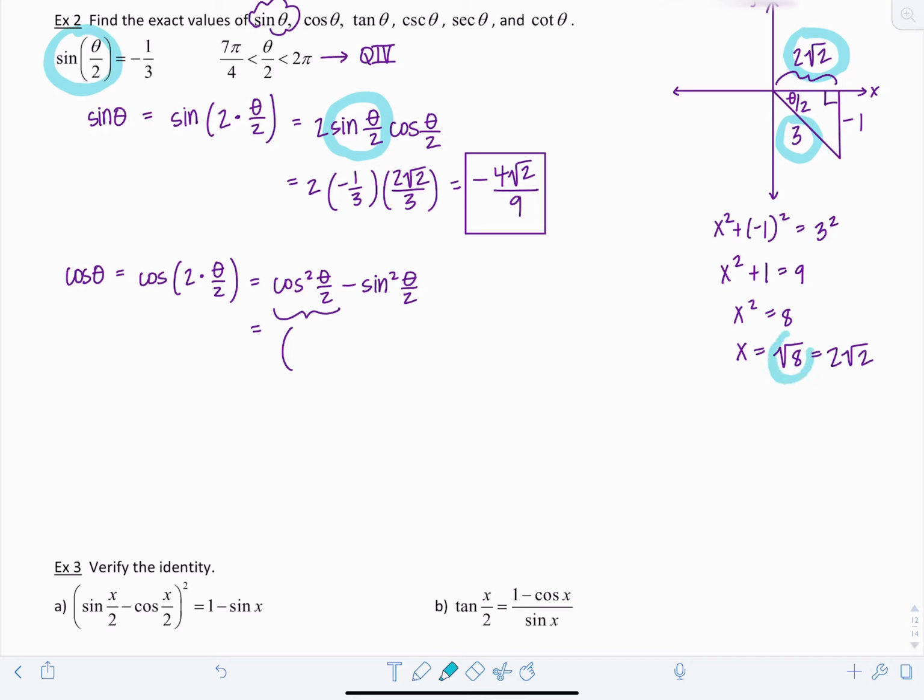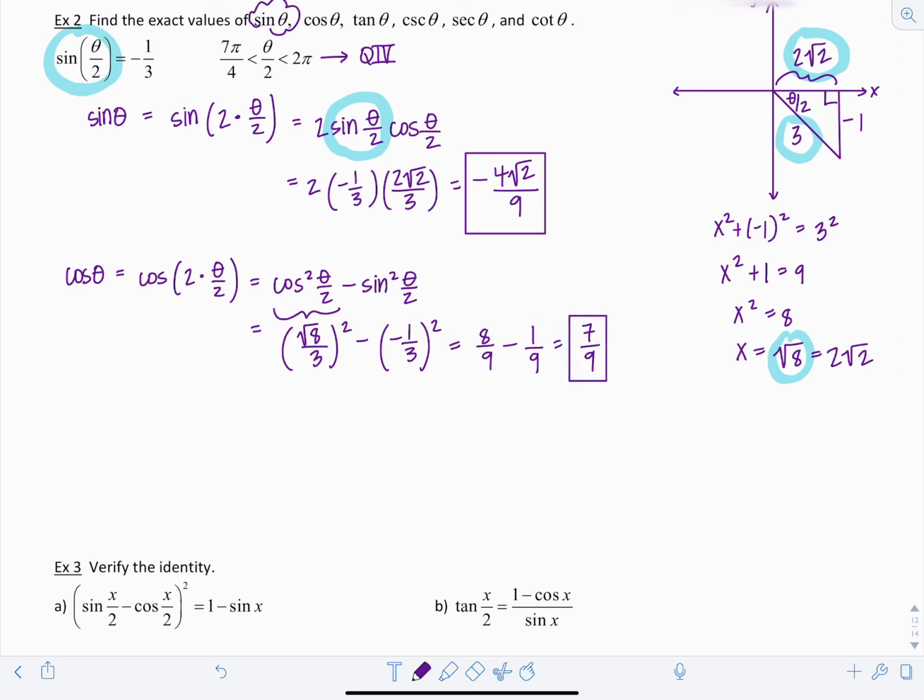Before we cleaned it up, it was rad 8. That's going to be easier to square. So this is rad 8 over 3 squared minus sine of theta over 2 they gave me. That was negative 1/3 squared. So rad 8 squared is 8 over 3 squared, that's 9. So 8 over 9 minus, and then this is going to become a positive 1 over 9. So this is 7 over 9.